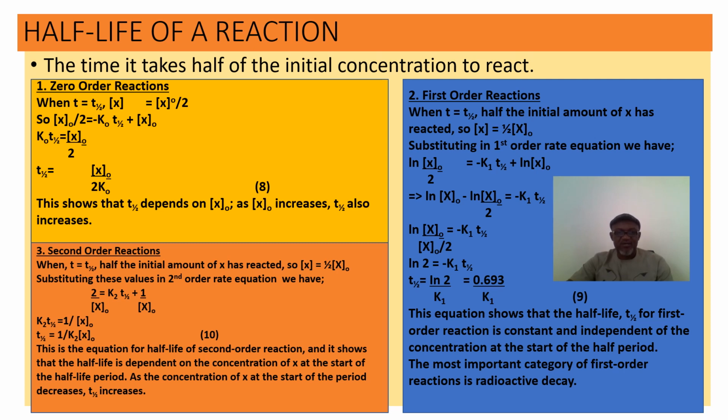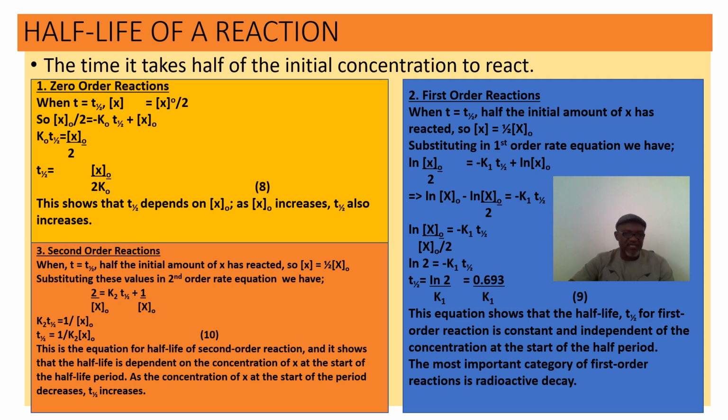Then we'll go to second order reaction. We do the same thing. Go to the second order reaction straight line equation, and then we substitute. Instead of 1 over x, we now have 1 over x0 over 2. So it becomes 2 over x0 is equal to k2 t half plus 1 over x0.